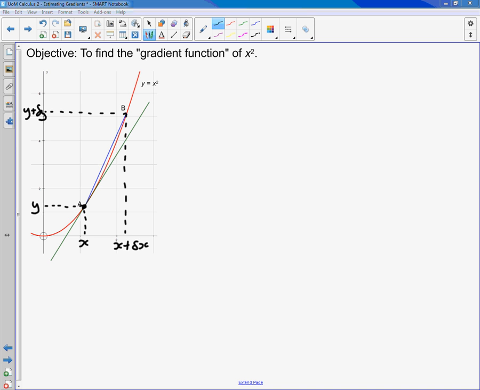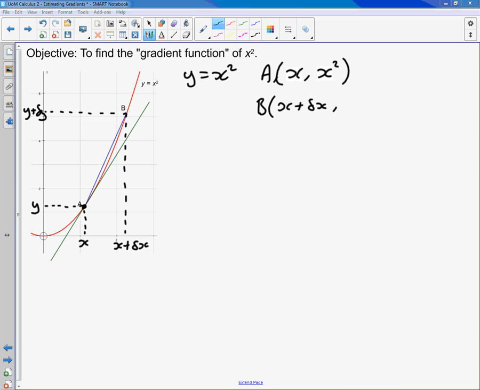So we've got y equals x squared. So at A, we're going to have coordinates of x, and we know y equals x squared, so the y coordinate is going to be x squared. At B, we're going to have coordinates of x plus delta x. And the y coordinate, well, I've labelled on the graph is y plus delta y.